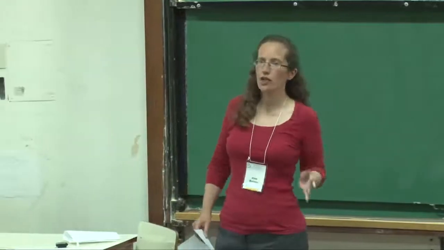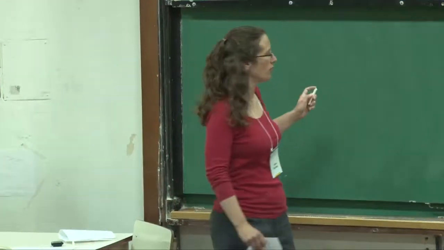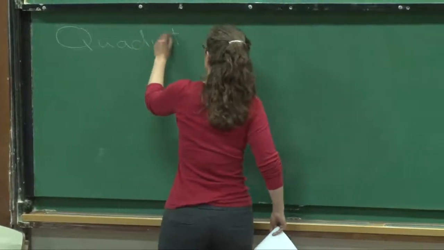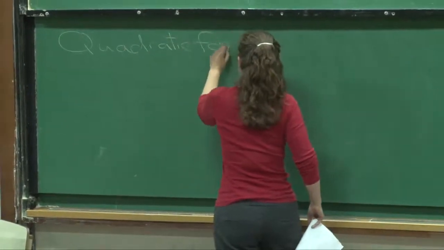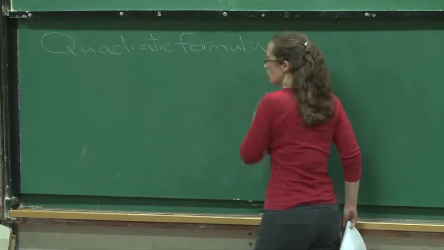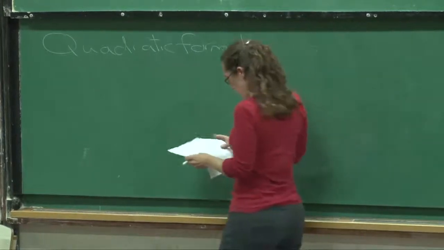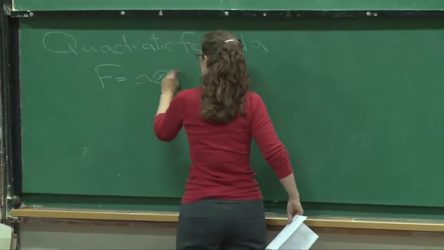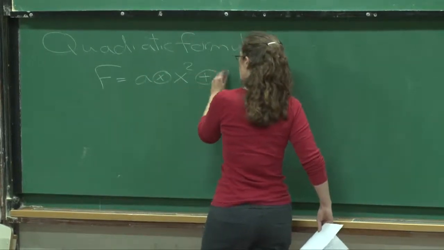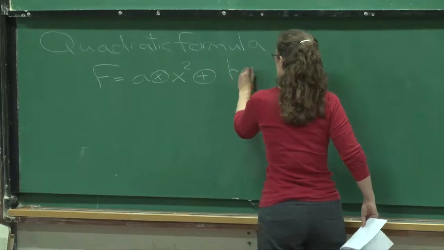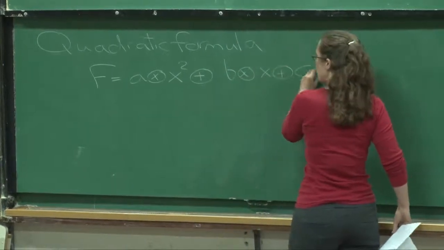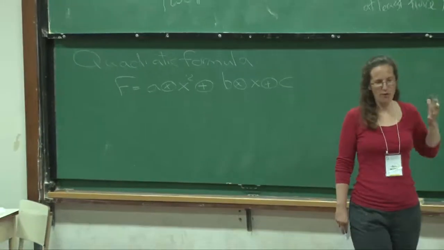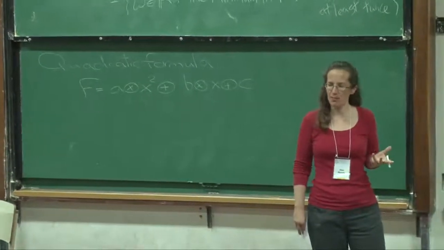So you notice the quadratic formula is particularly simple here. So look, if we have f is going to be a times x squared, tropical plus b, tropical times x, tropical plus c. Okay? So if I draw, this is a function for various choices of a, b, and c.